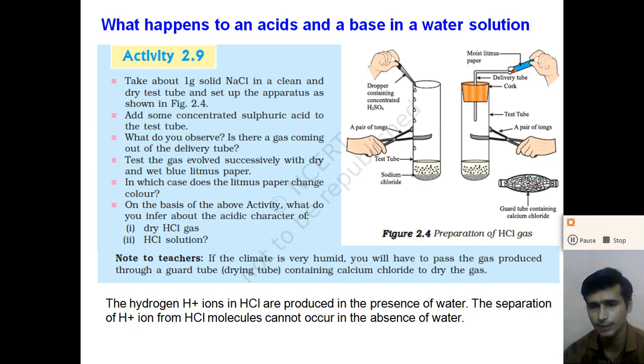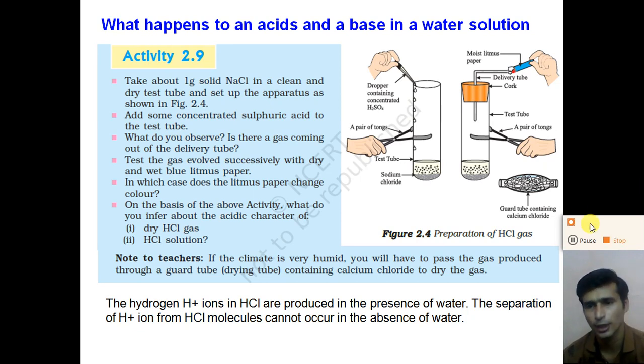And how is the H plus ion generated? In the presence of water. So when we add water to hydrochloric acid or sulfuric acid, HCl and H2SO4, the H plus ion will be produced. We cannot separate the H plus ion from the acid in the absence of water.